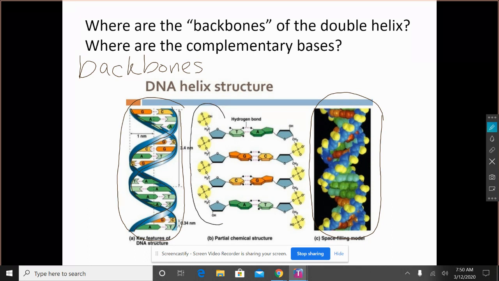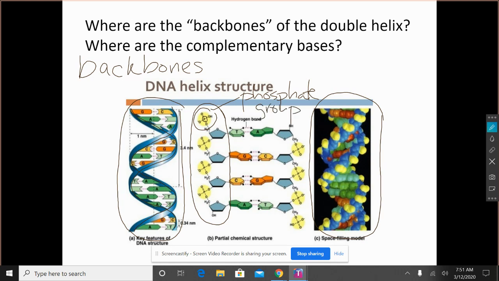And that is these parts of the nucleotides. So you can see right here, if you notice the phosphate, the P atom right in the center here, these yellow things, these are the phosphate groups. And then if you remember from previously, the blue pentagons here are going to be the deoxyriboses.